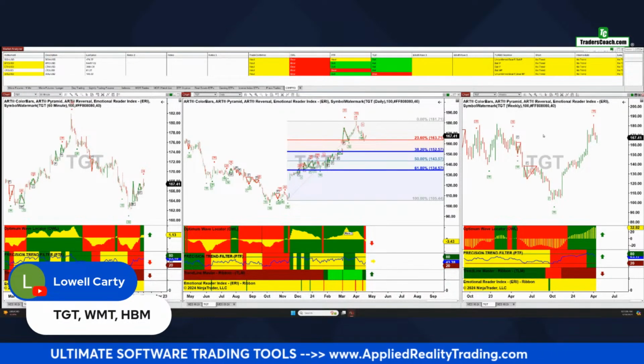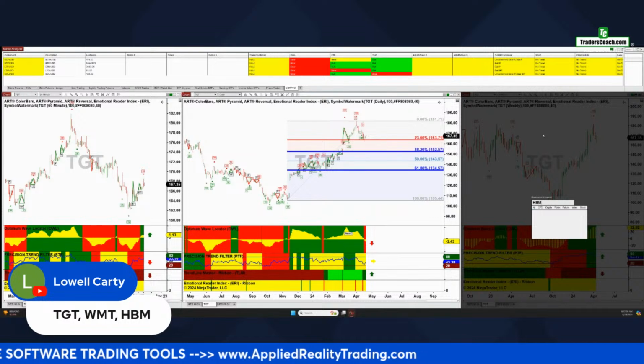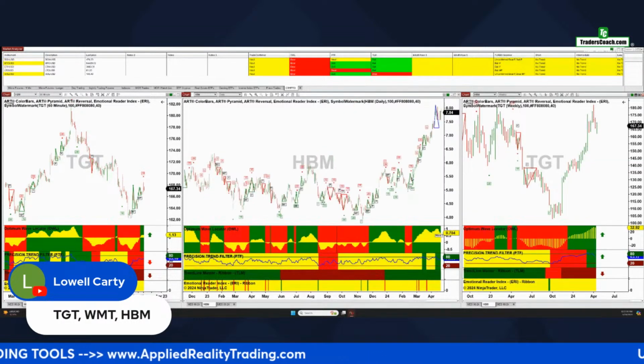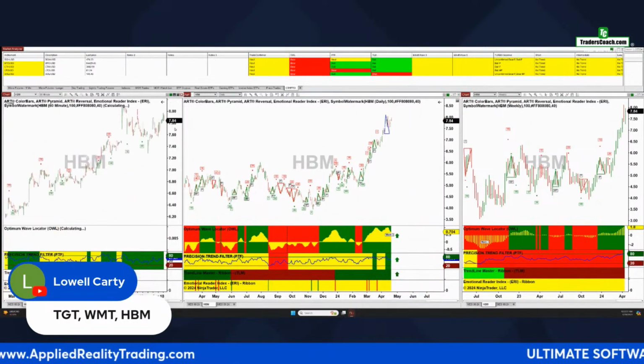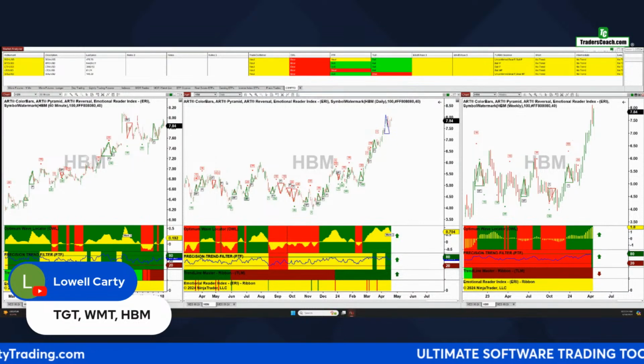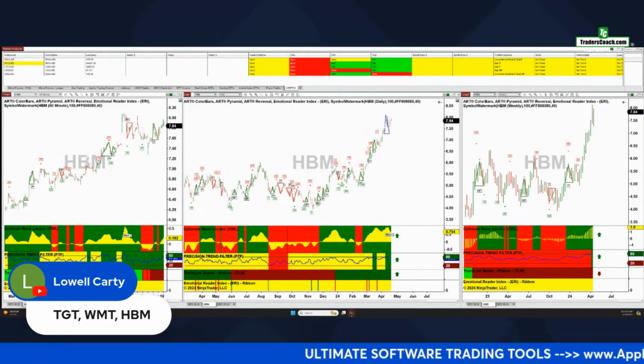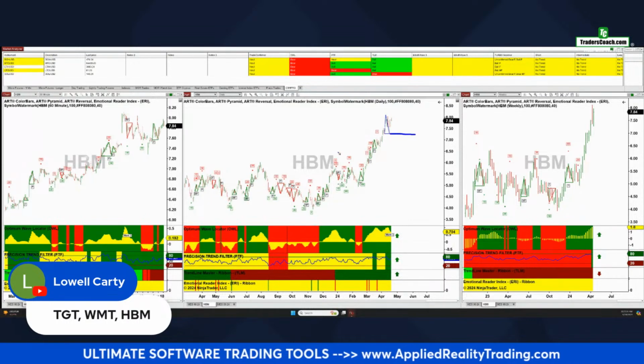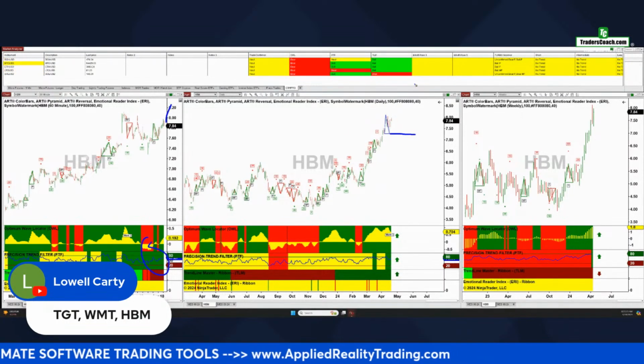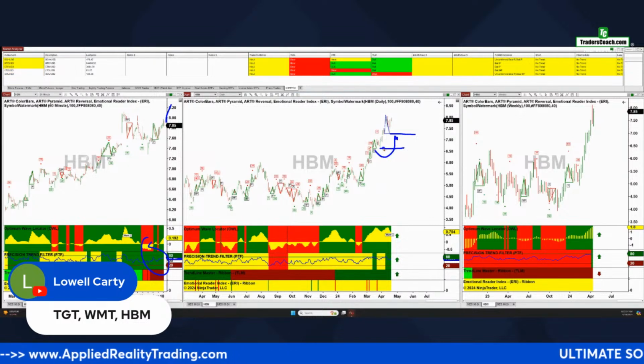Okay, let's take a look at HBM. All right, already extended. If you're in it already, this is an easy one because if you're in it already, you stay in it. This is a forming pyramid. You should make more highs because this is green. So I'm thinking stop here, move it up here on this pyramid.